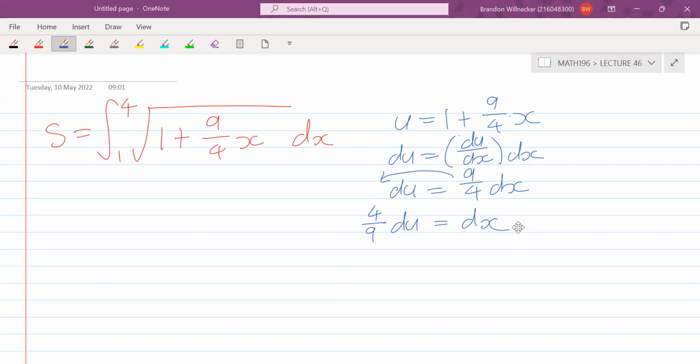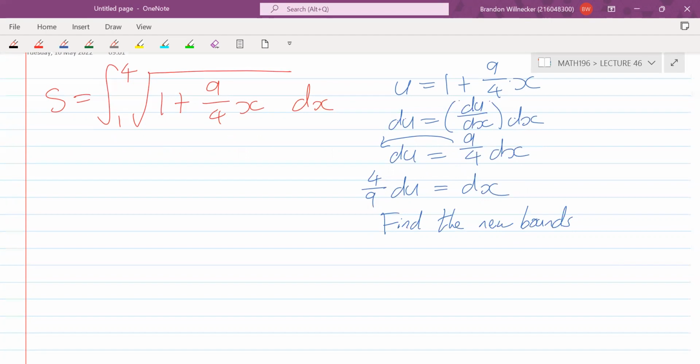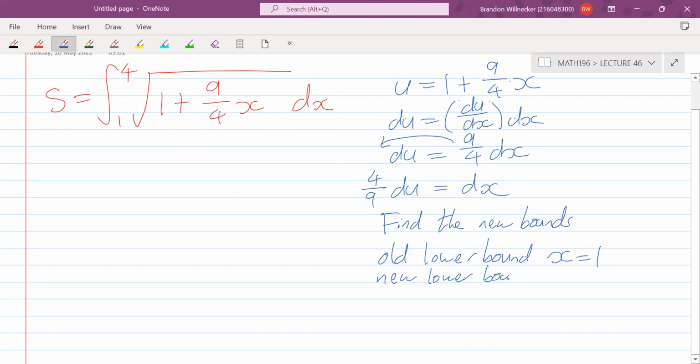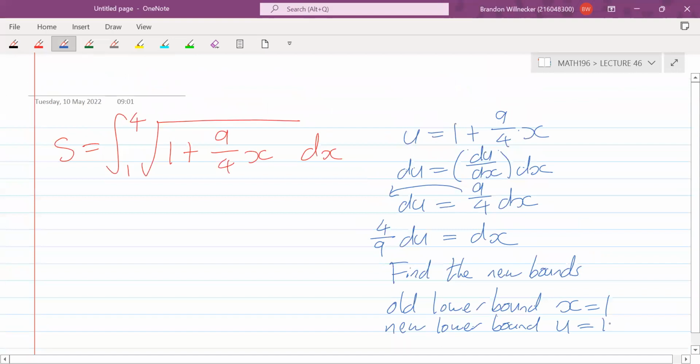Now we need to find the new bounds. Okay, so the old lower bound was x equals 1. So the new lower bound will be u is equal to 1 plus 9 over 4 times 1.